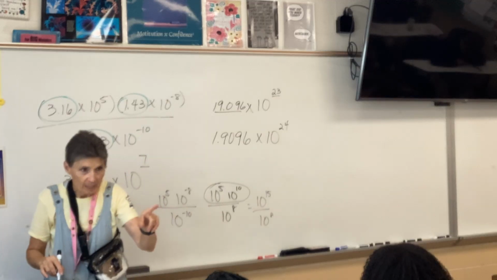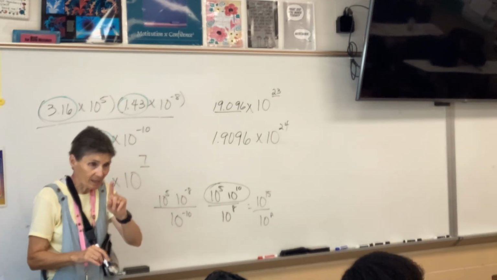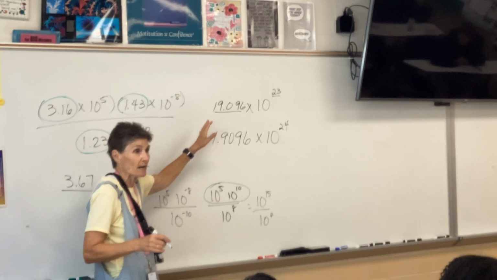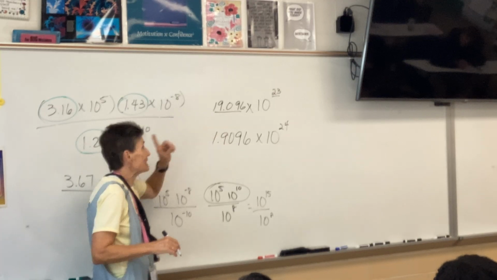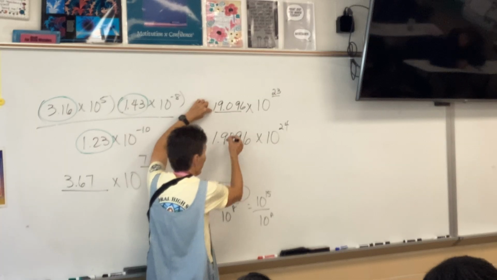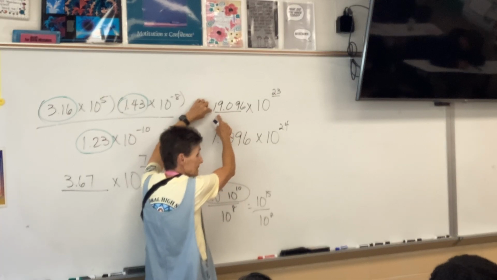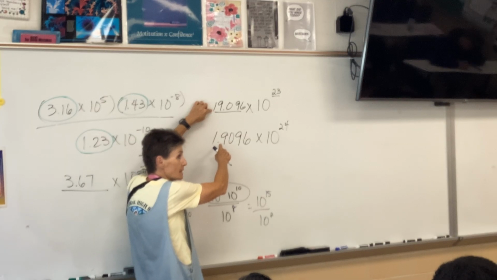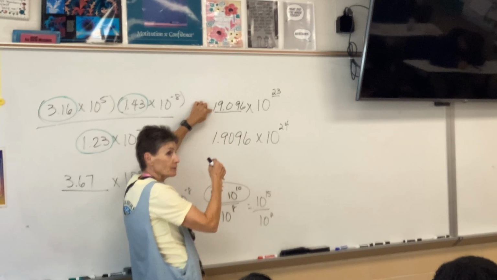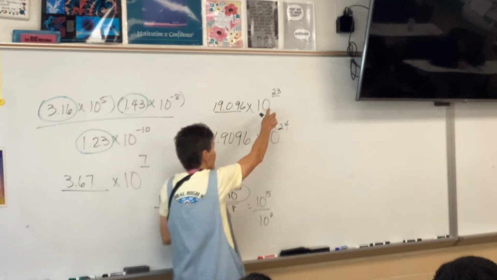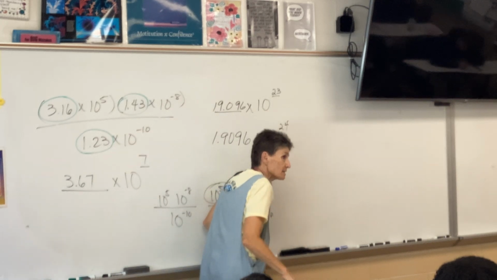No. I knew that because these two numbers have to be the same. I'm just rewriting it. If I made the first part of the number smaller, I went from 19 to 1.9. In order to keep the overall number the same, if this part got smaller, this part has to get bigger.